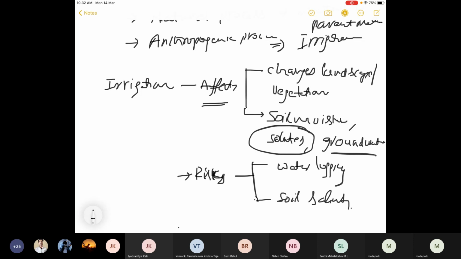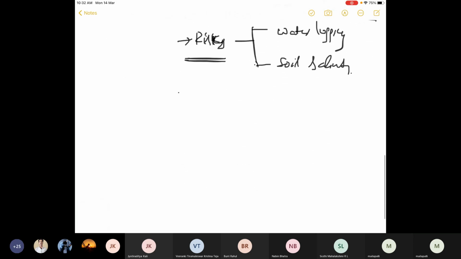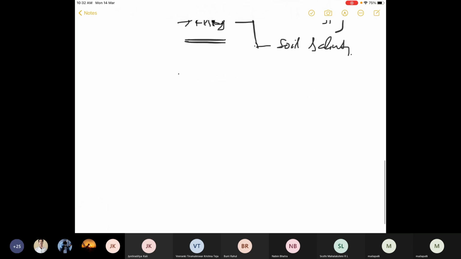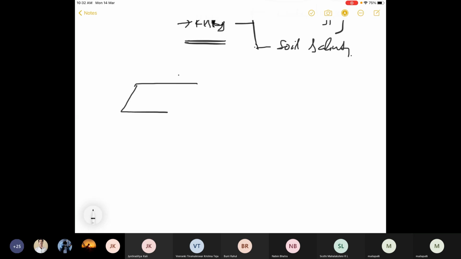And the risks are waterlogging and soil salinity. So why is there waterlogging? These are the two major issues we can consider with excessive irrigation or bad quality of irrigation water. Okay, so for example, you have a field, right?